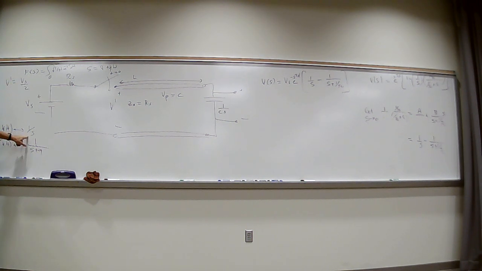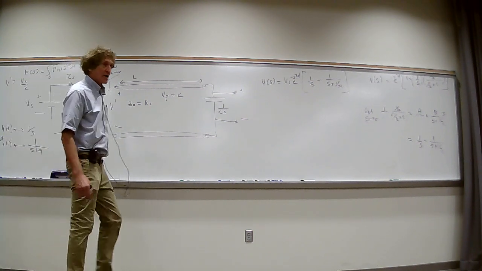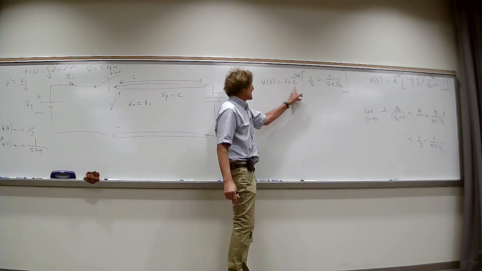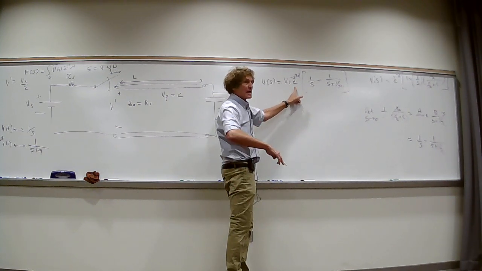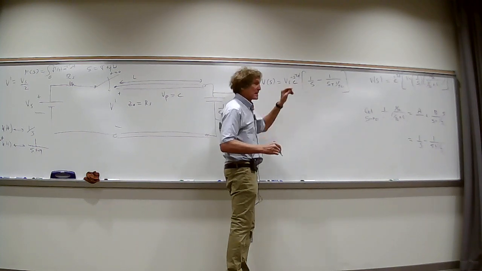That means if I have this and I want to go back to the time domain, it would be u of t. If I have this and I want to go back to the time domain, it's this. There's one slight difference. You see that e to the minus s TD? That means all the functions, when they go back to the time domain, will be delayed by TD.